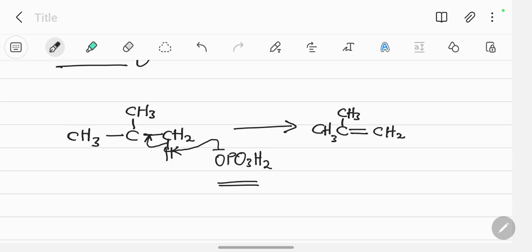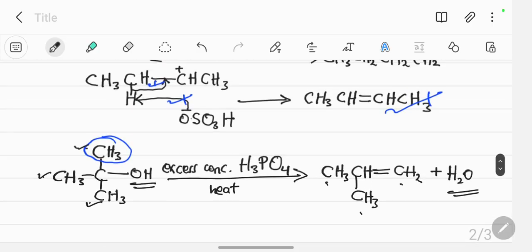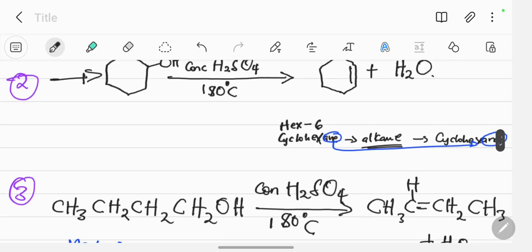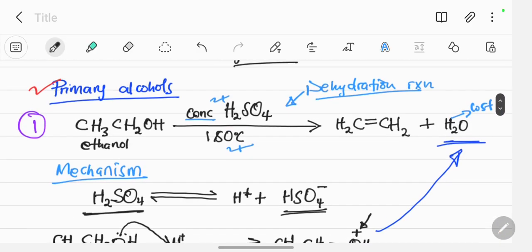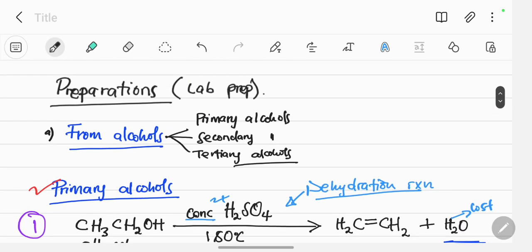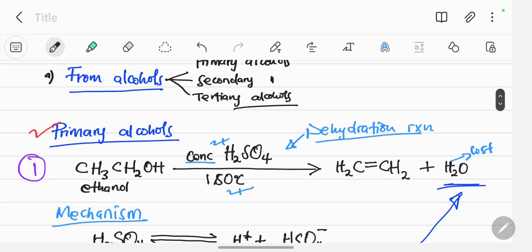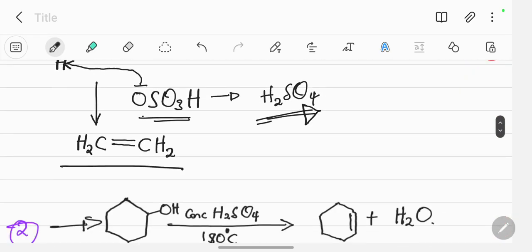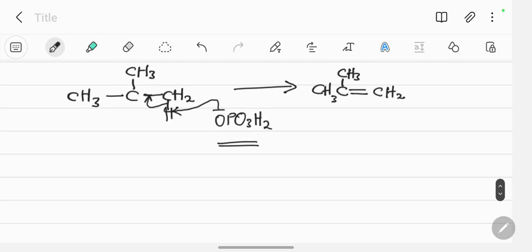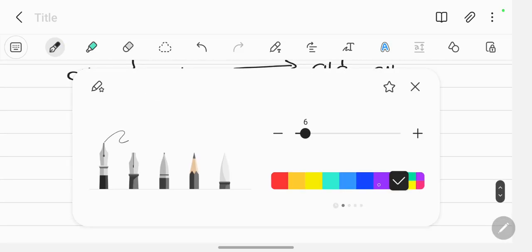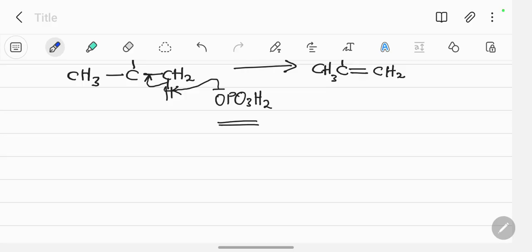Then we have, I was still looking at dehydration of alcohols. So from dehydration of alcohols, we move on to dehydrohalogenation.